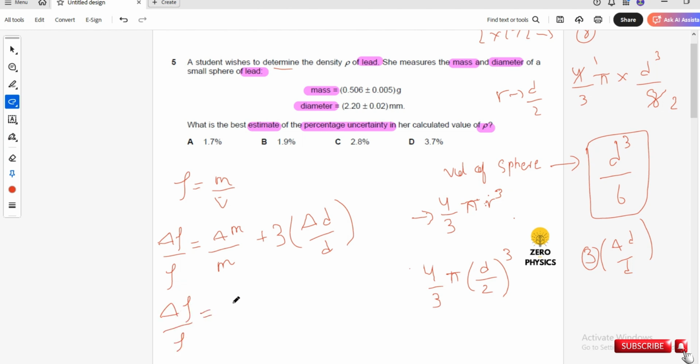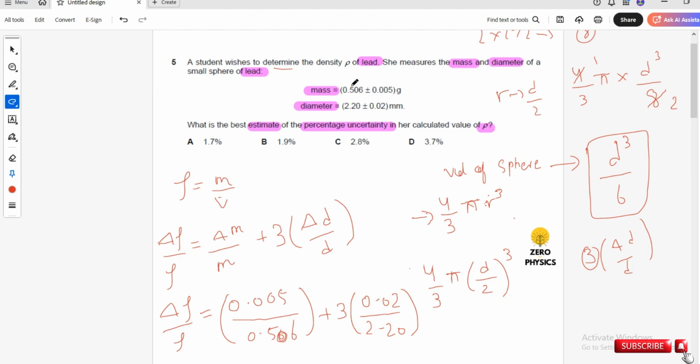We will put in the values. 0.005 over the final value of M, which is 0.506. You can see here 0.506, plus 3 multiplied by 0.02 divided by 2.20.